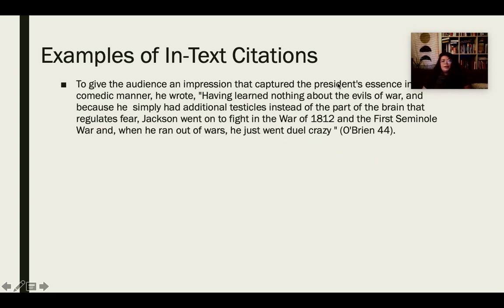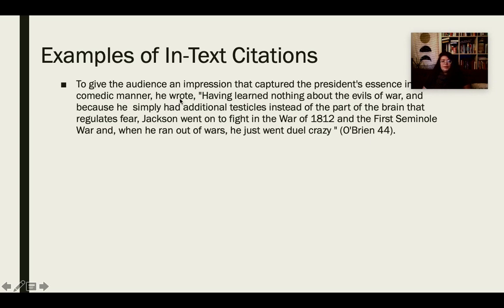Okay, so the way that this is structured is that we have to give the audience an impression that captured the president's essence in a comedic manner, he wrote, having learned nothing about the evils of war. Who is the he? The he is not the same he that follows here, right? This is President Jackson. This he is O'Brien.